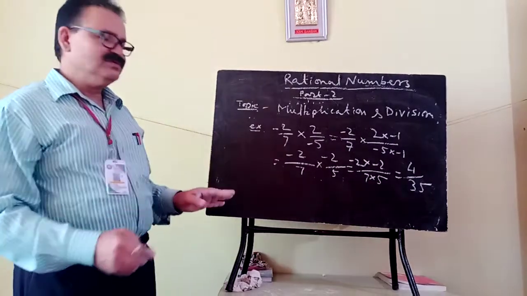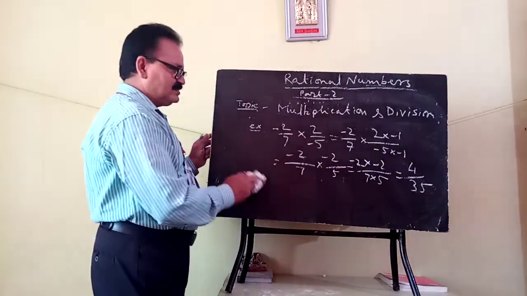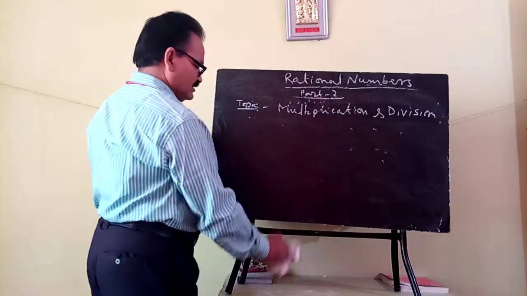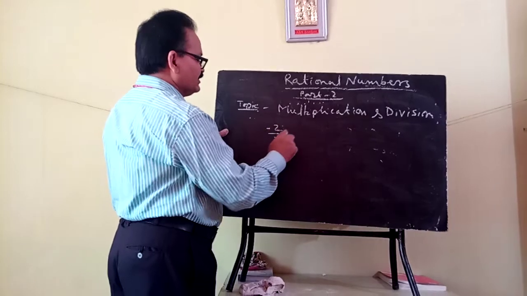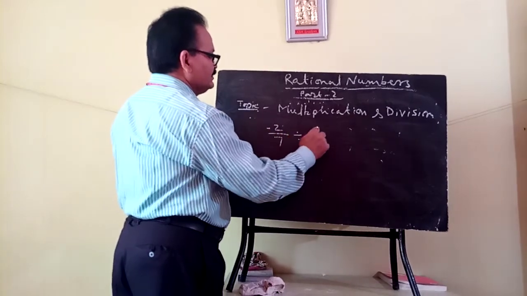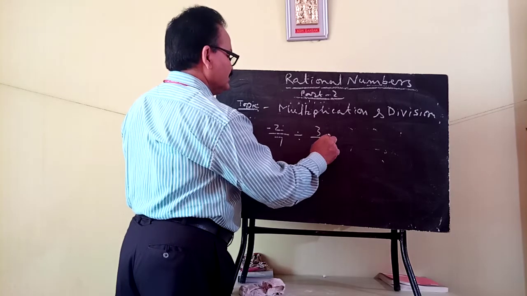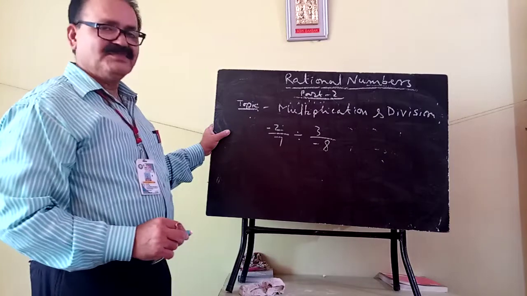Now I will show you the division of two rationals. Suppose -2/7 divided by 3/-8.